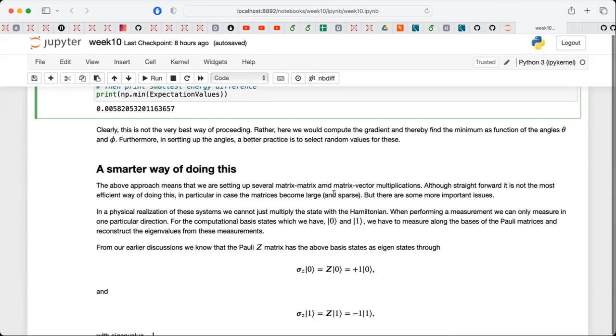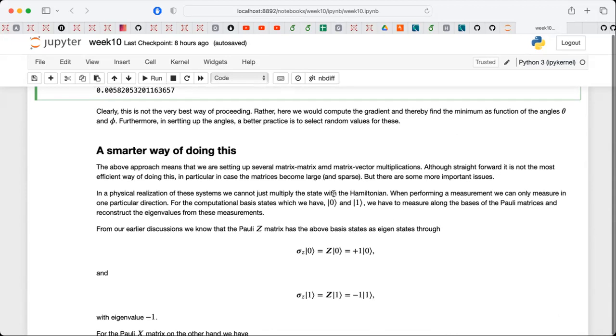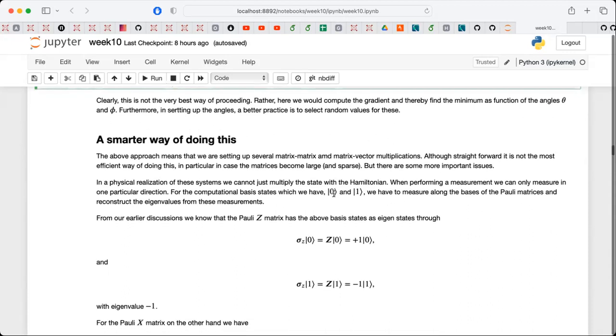So that means that the approach which you've seen here functions as a kind of pedagogical approach for the 1 qubit case, for a 2x2 matrix, but it is not very efficient for a many qubit case. That means that from a computational point of view, performing these matrix and matrix-vector multiplications is not the best way of setting it up. But there is more to that.